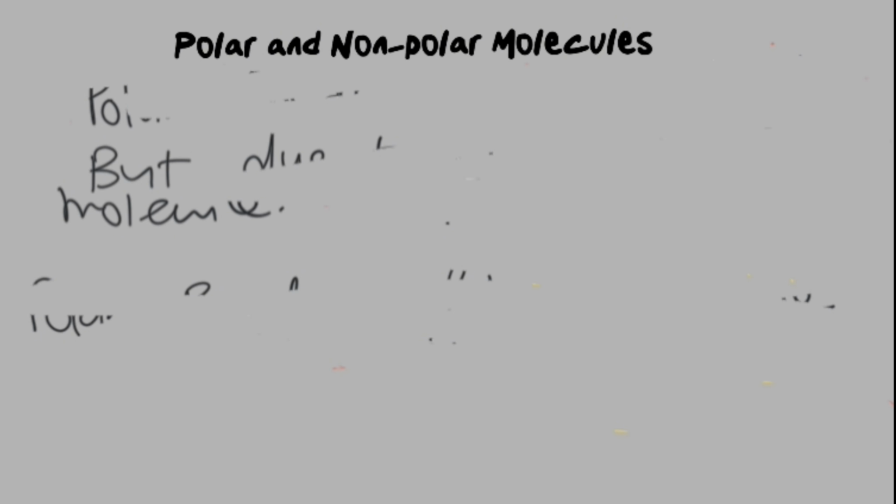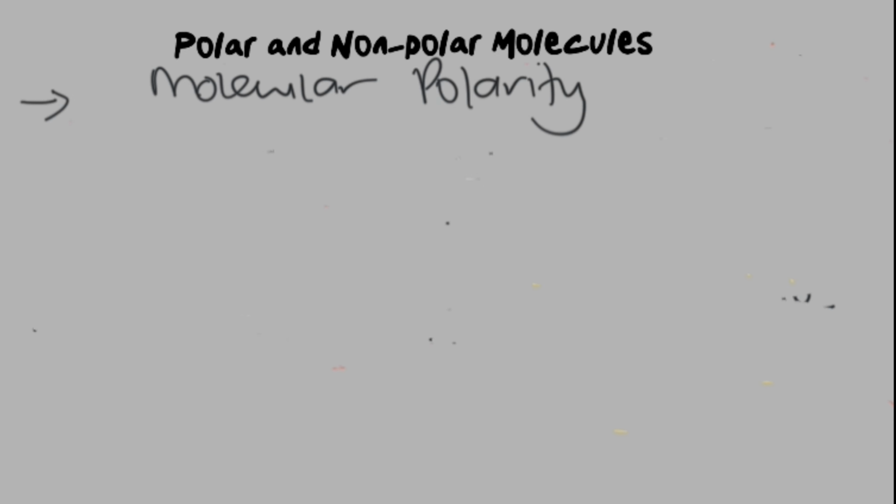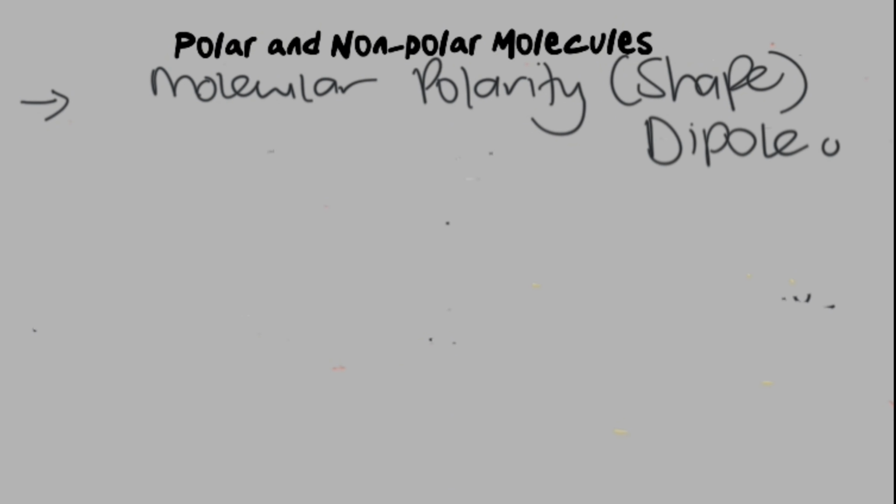So how do I explain molecular polarity in my exam? So I have to make reference. So molecular polarity has to do with the shape and if there's a dipole or not.